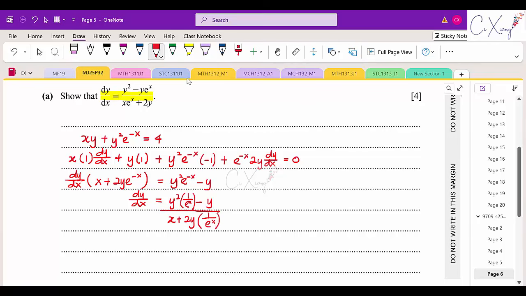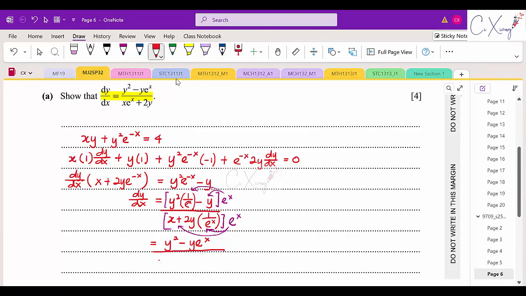And to get rid of the fraction inside the fraction, you need to multiply e power x both top and bottom. Okay, so the e power x multiplies inside here, multiply it here. Same thing happens for the denominator, multiply it into both terms. Then when you try to rewrite the answer again, you will see that we will get the pattern that they want us to show.